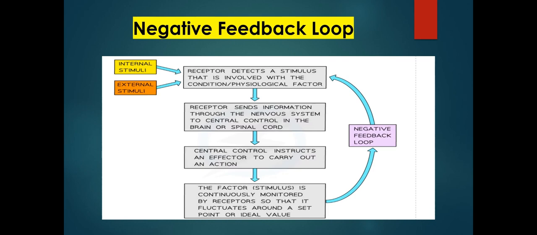There's a stimulus, the receptor detects the stimulus, and then this information is sent to the nervous system. Then the nervous system tells the effector to carry out an action. Then the factor decreases, or whatever it was. If it was increasing, then it's decreased. If it's decreasing, it's increased. And then this negative feedback loop happens over and over again.